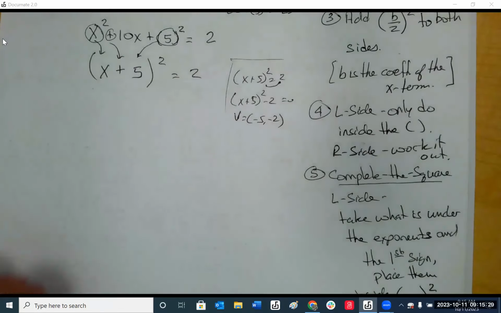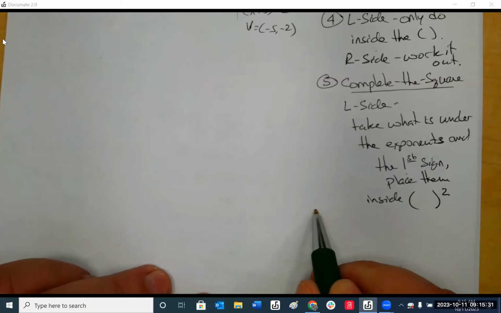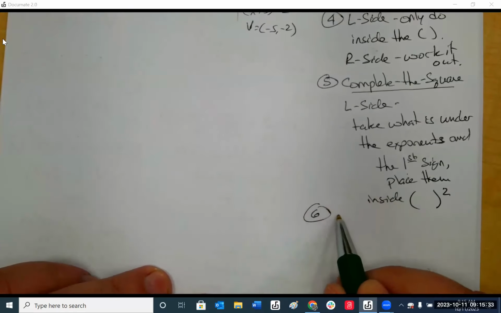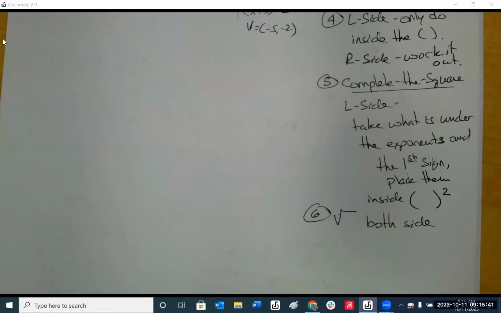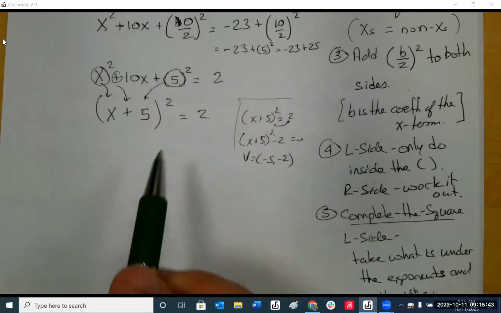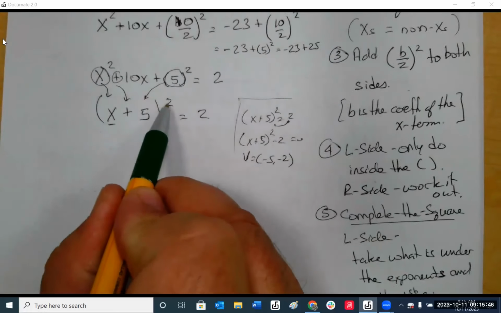Now we have to solve for x. Square root both sides, because we're trying to get x by itself now. We have to get rid of the square.